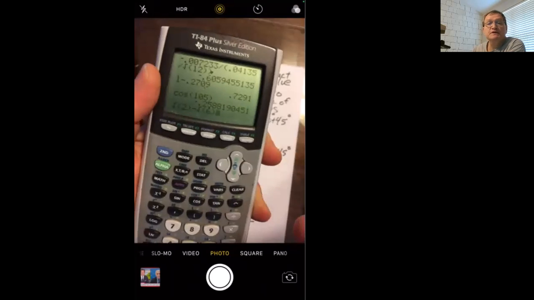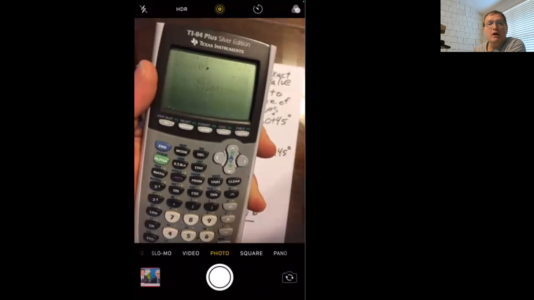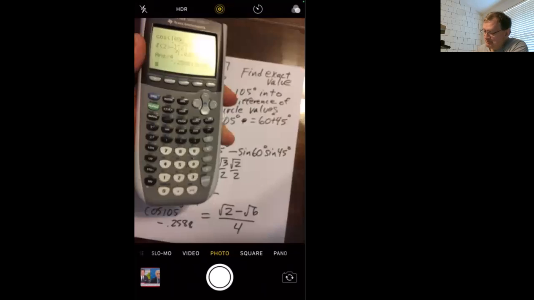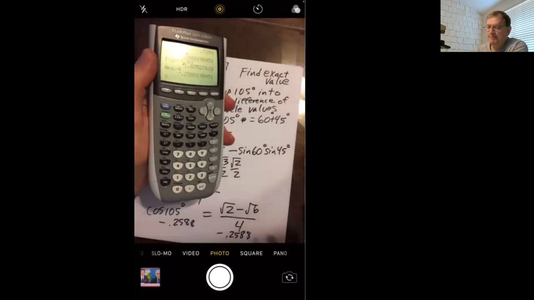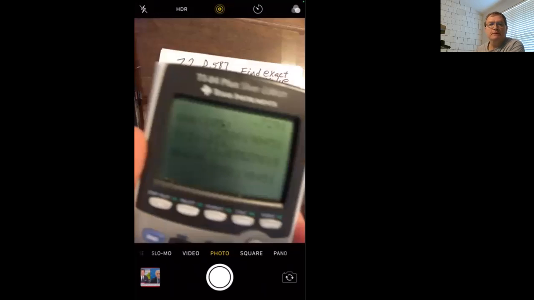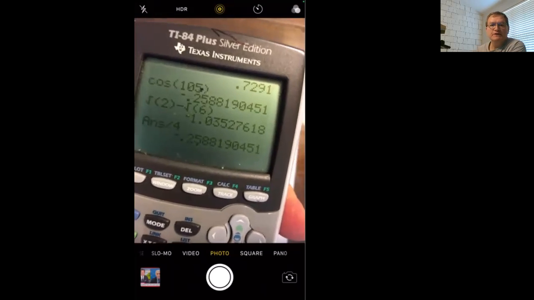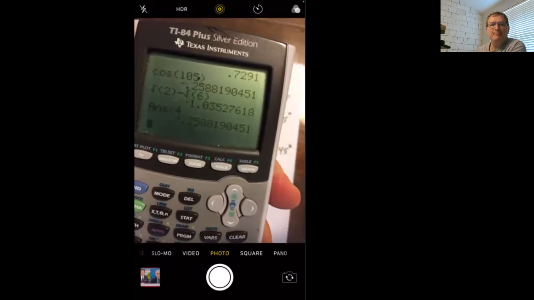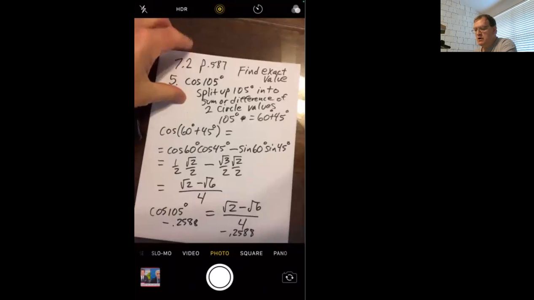And I didn't put it in parentheses, so I'll have to hit enter. And then divide it by 4. And there you are. Negative 0.2588. If I put it in parentheses, I could have done it in one step and skipped the negative 1.035. That's just the top.